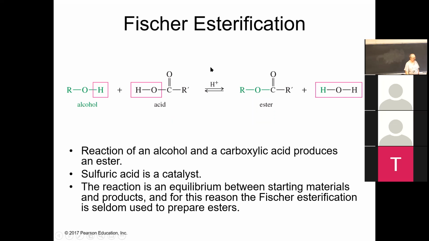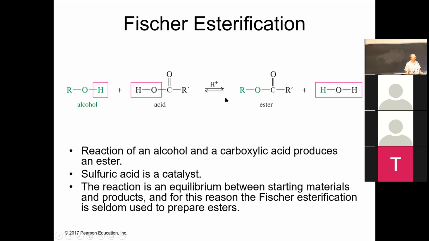This reaction is in equilibrium, it's reversible, and so we would not get good yields if we used the same molar quantities of alcohol and acid. Even though the reaction says it's a 1-to-1, it is reversible.